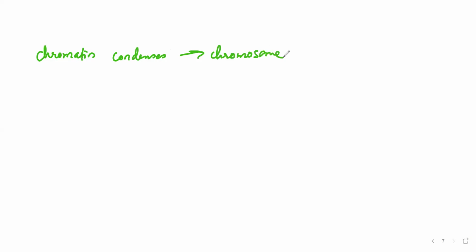So it will be like this. This will be what? Chromatin. And when it becomes a chromosome, like this. This is what? Chromosome. So when the chromatin material condenses, it will become a chromosome. So this happens during what? Cell division. And where does it take place? Nucleus.